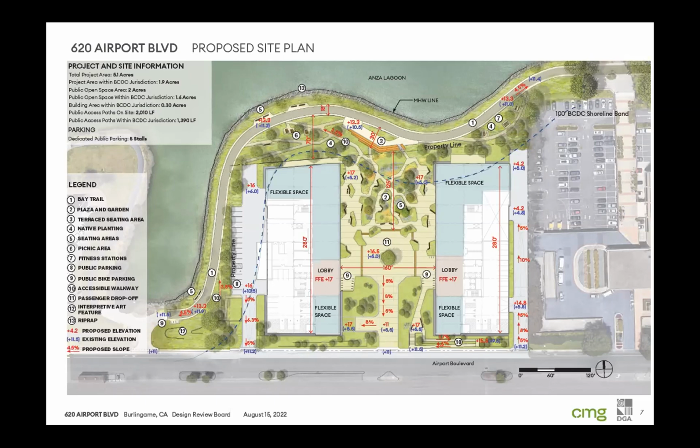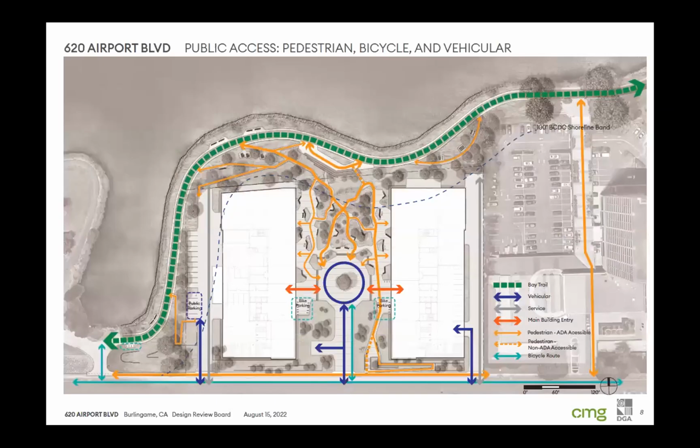Along the Bay shore, we'll be widening the Bay Trail to the current standards of 18 feet and adding public amenities such as picnic areas, seating areas, and outdoor fitness zones. And there's some more detail on the site that I'll get into as I go through the enlargement plans.